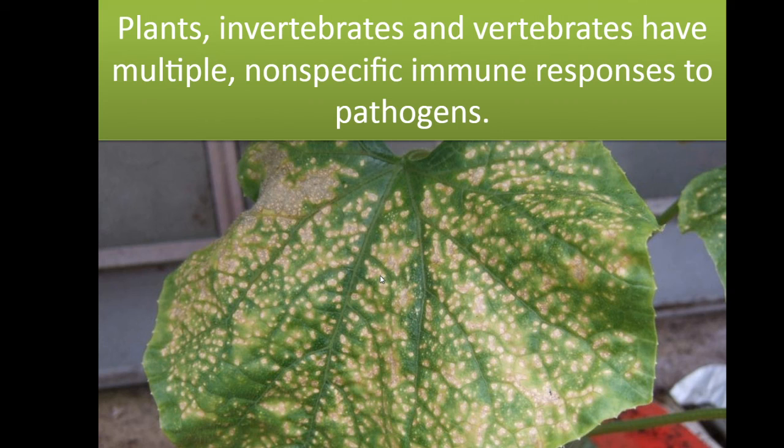They always do the same thing no matter what it is. We have the ability to learn from something and then be ready for it again, the nature of a vaccine. Plants and things like insects, crabs, spiders, stuff like that, they don't have that capability. We do have a non-specific response as well, but that's all they have.